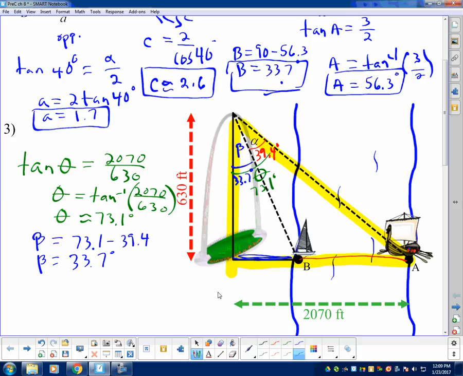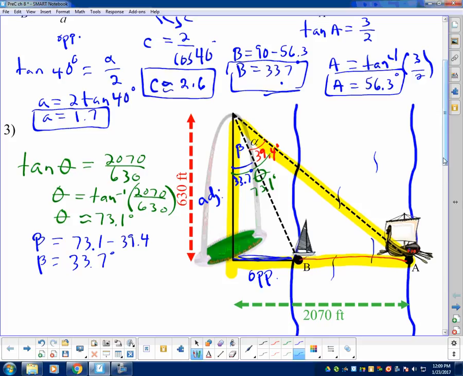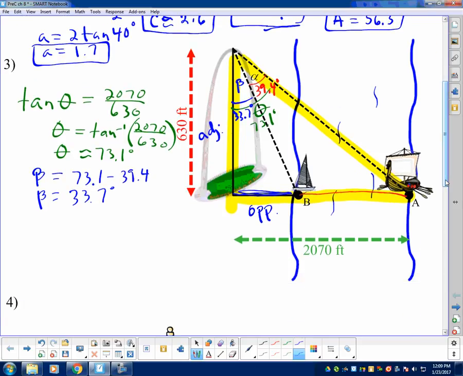So this is from the 33.7, I would call this the adjacent, and this is the opposite here. And we're going to find the length of that opposite by using tangent again. So tangent 33.7 equals opposite. We'll call that x.